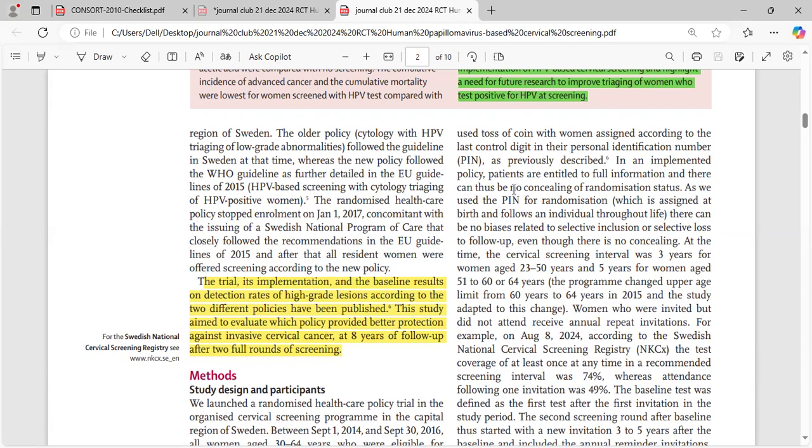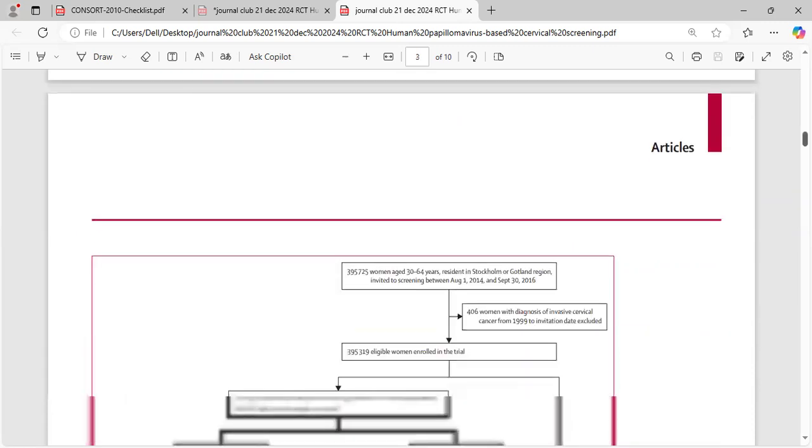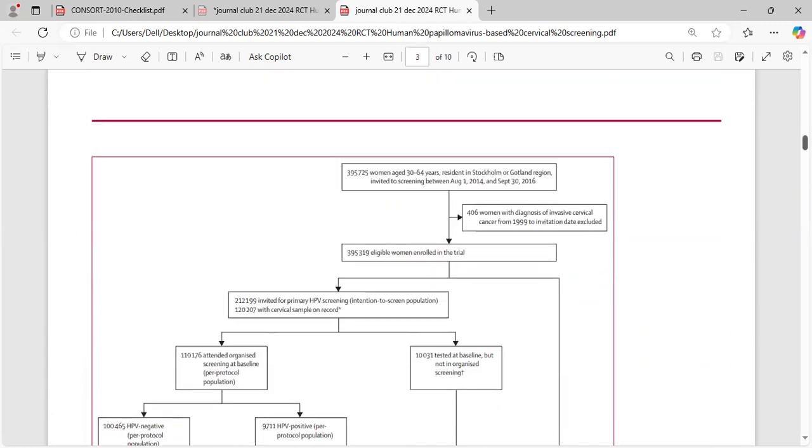And there was no concealment of the randomization status. And here is the flowchart diagram, where they have concluded that initially more than 395,000 women were recruited between the ages of 30 to 60, and among them 406 women with a diagnosis of invasive cervical cancer were excluded.